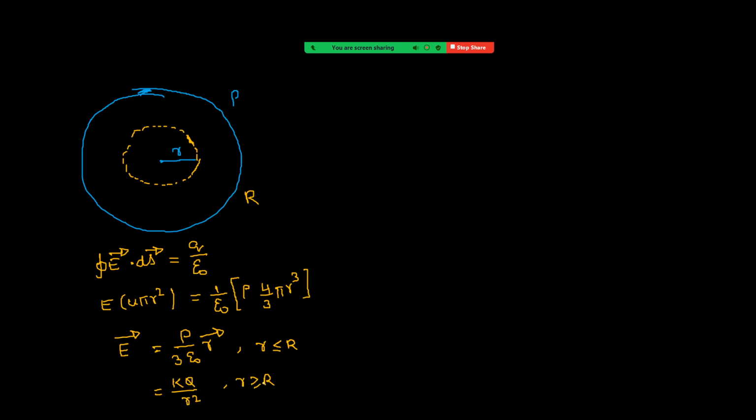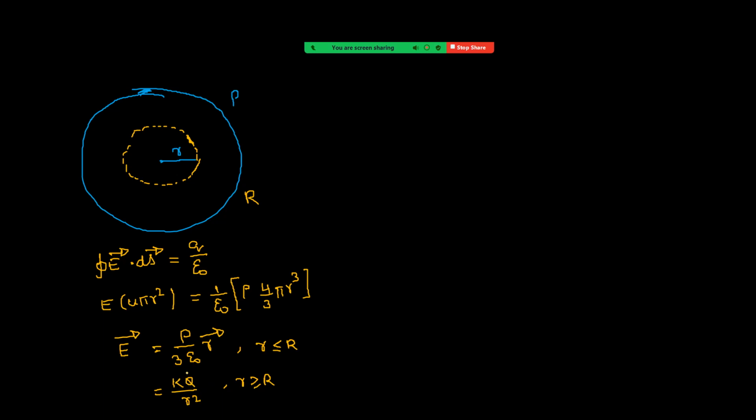In the last class we have seen that in case of a hollow sphere, when we take the field outside, the result was like that due to a point charge. So whenever we are taking a point outside, we can assume the entire charge at its center, and the result will be just like due to a point charge, kq by r square.